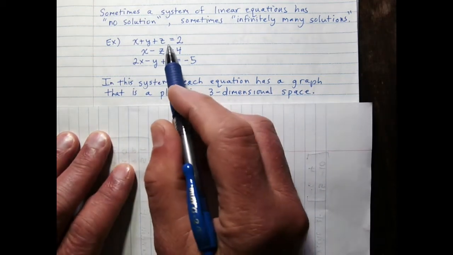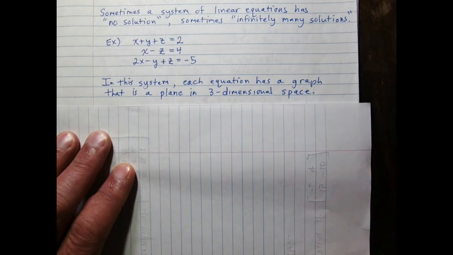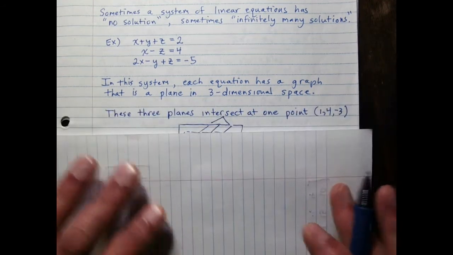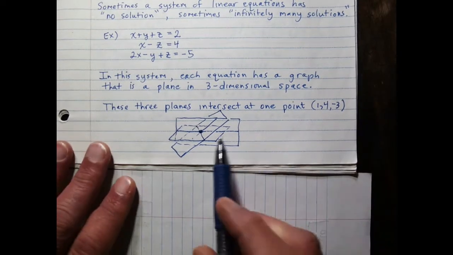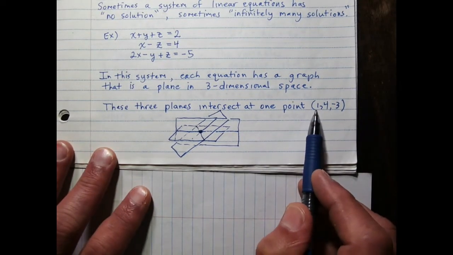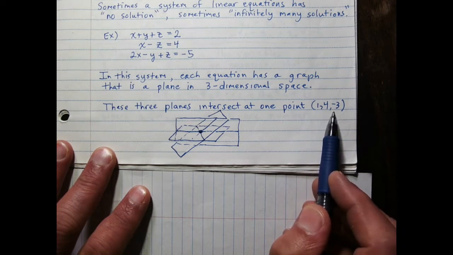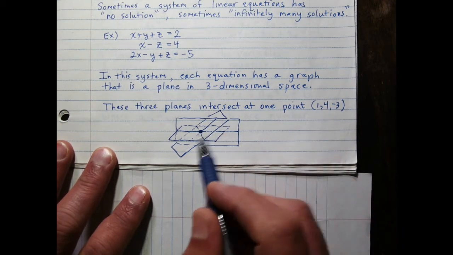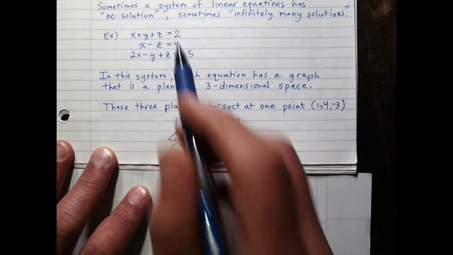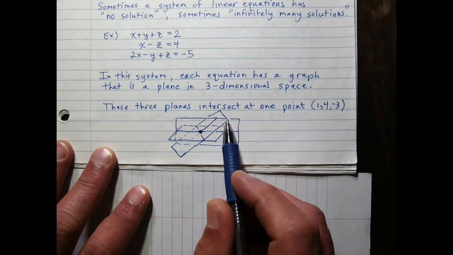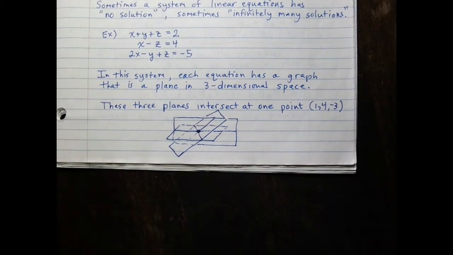And you should be able to picture each one of these equations as a plane in space. And those 3 planes can intersect in one point, and this is a pretty lousy picture I drew. The solution is 1, 4, negative 3. So x equals 1, y equals 4, z equals negative 3. And we can visualize, this isn't exactly what this picture would look like for that system, but we can visualize 3 planes having just one point in common.